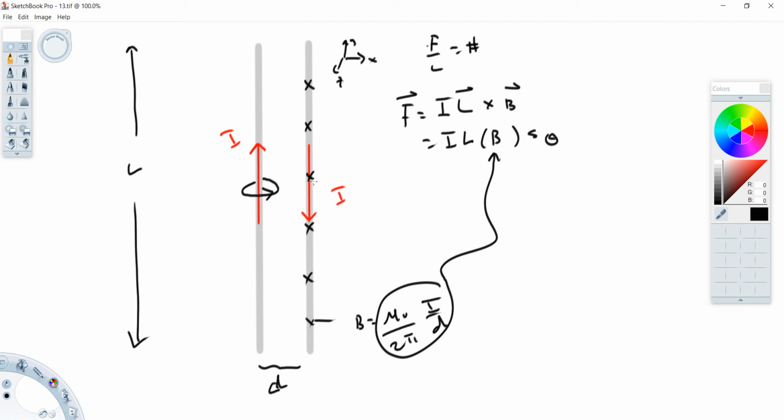The magnetic field vectors are in the minus K, so I'll let you figure out what the angle is between them and what the sine of that angle is.